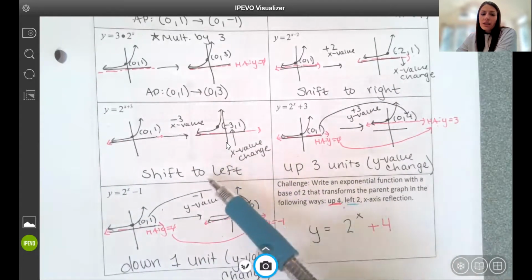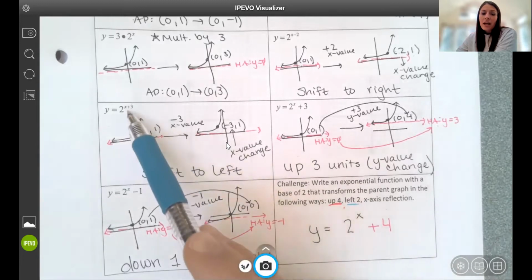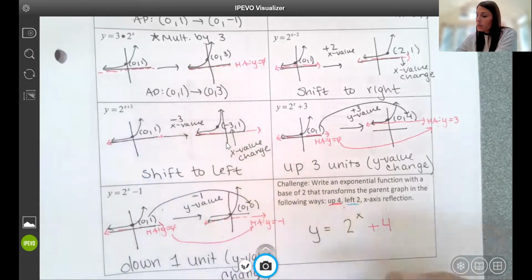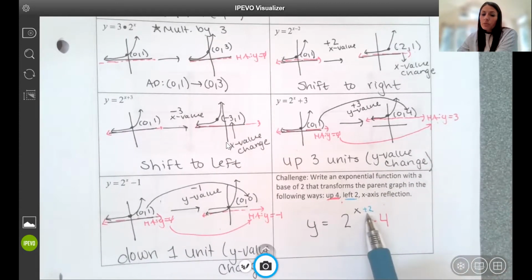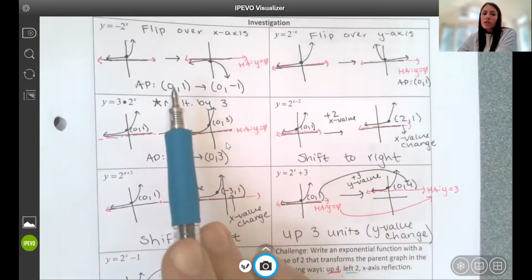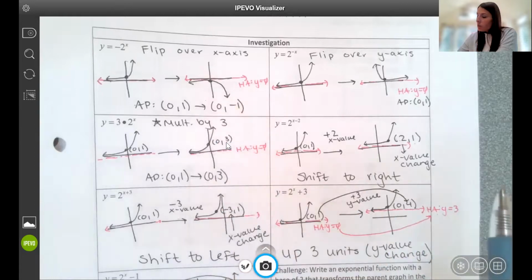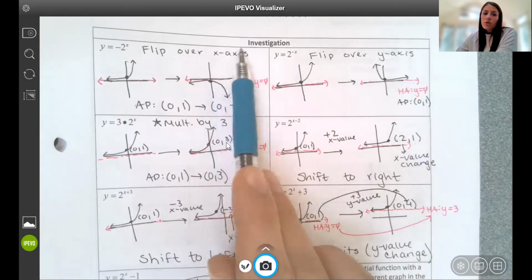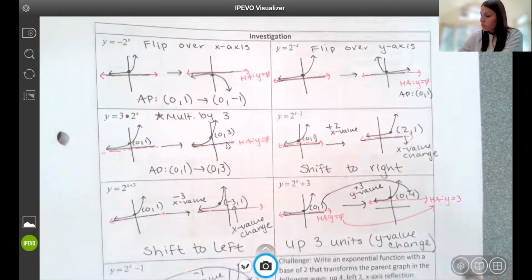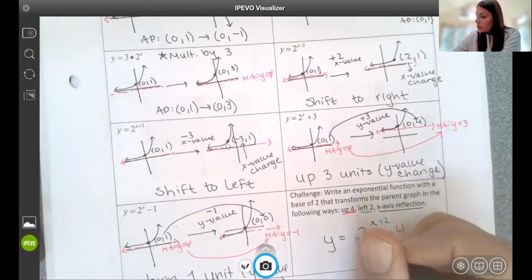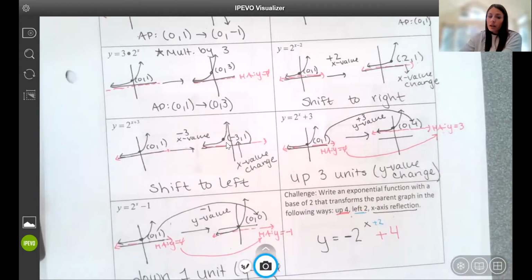So if we want to shift left, we want to be adding that value into our exponent. We want to add 2 to our exponent. And then our reflections are up at the top. An x-axis reflection, so over the x-axis, means there's a negative out front.